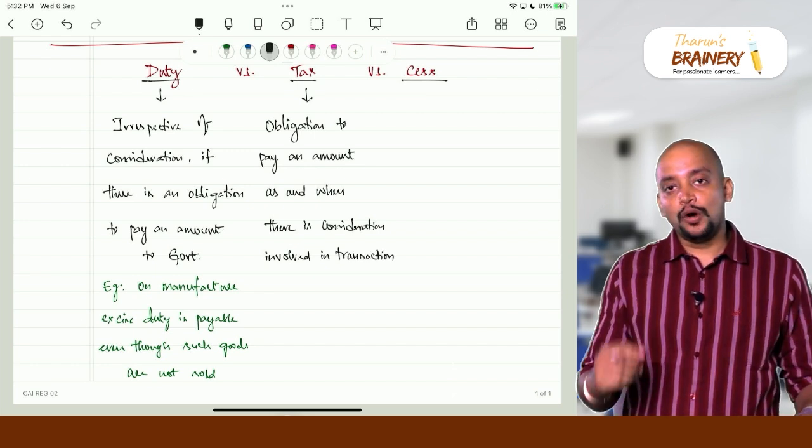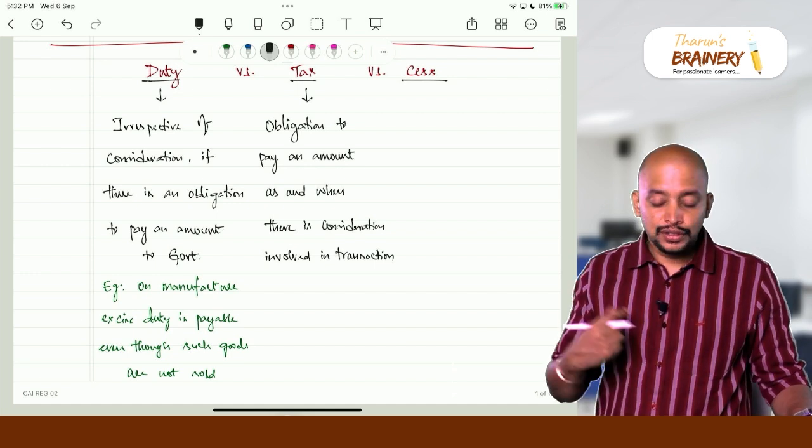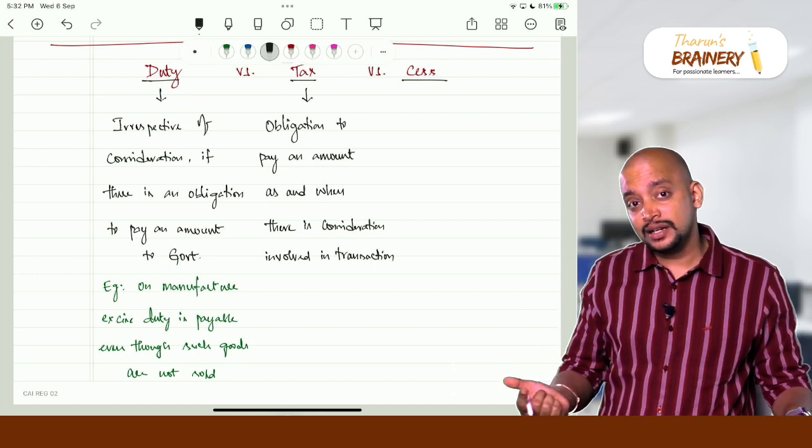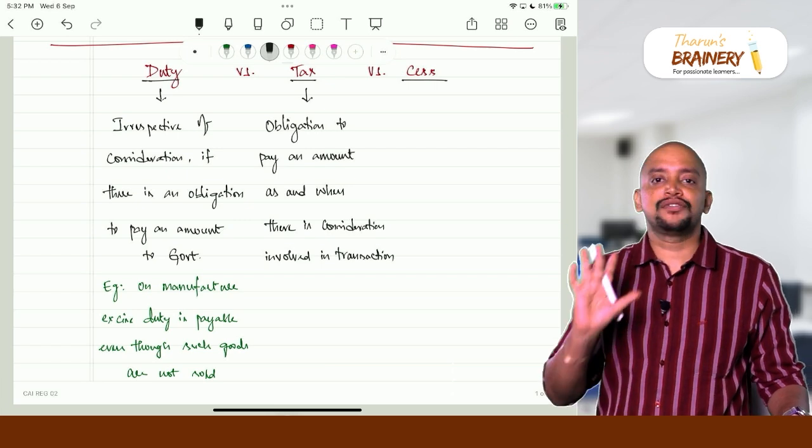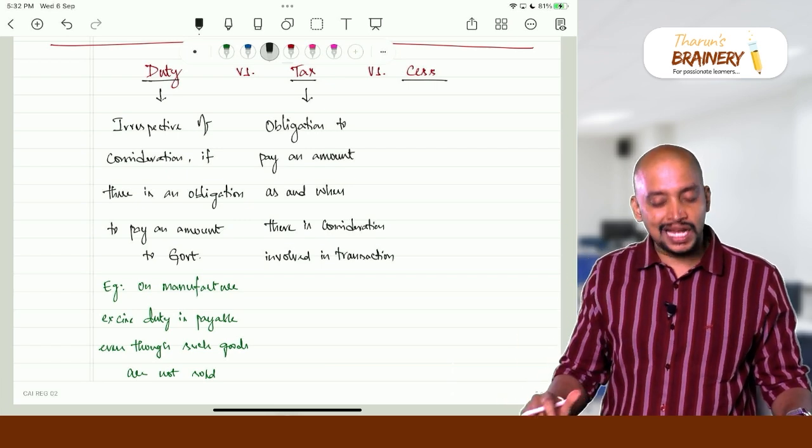I have an obligation to pay an amount as and when there is consideration involved in the transaction, then it will be called tax.